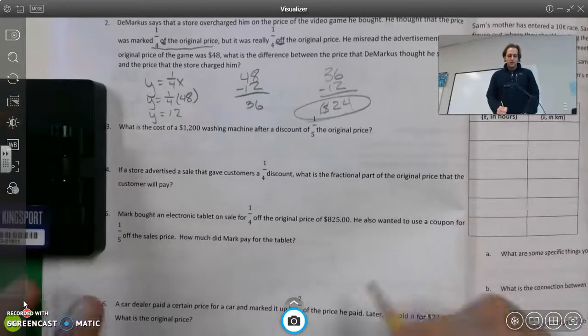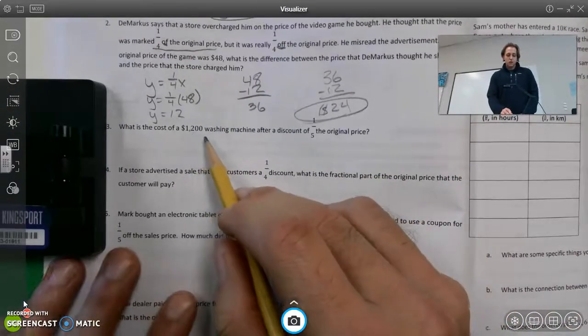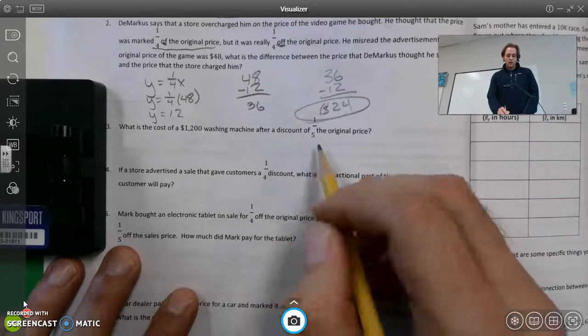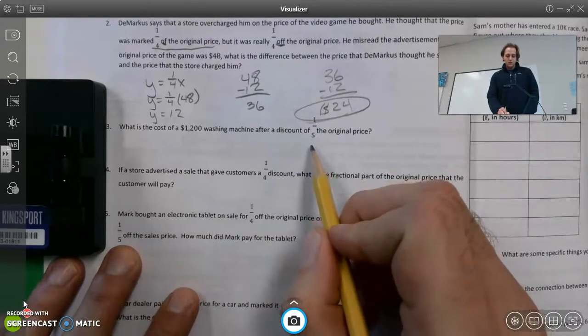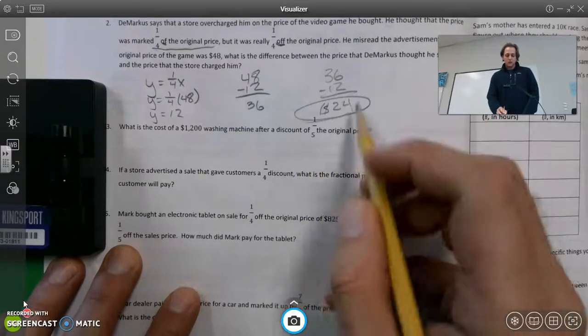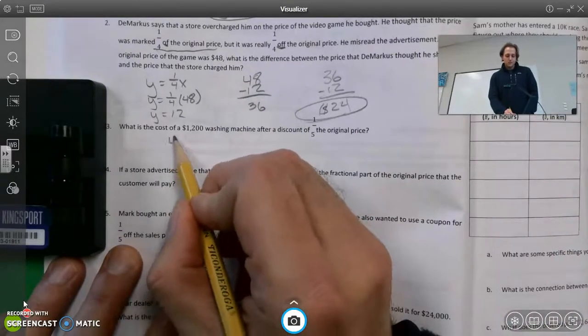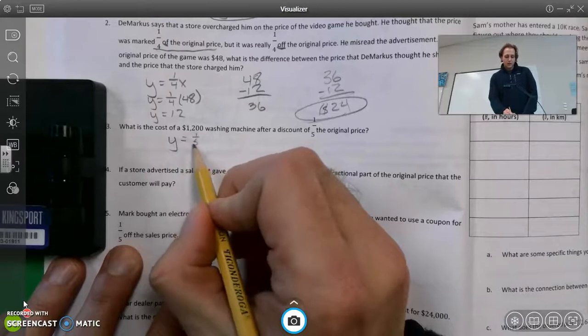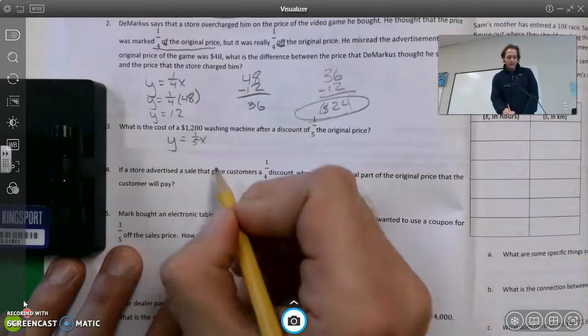All right. The cost of a $1,200 washing machine after a discount of 1/5 off the original price. Okay, Y is equal to 1/5 X. That's how we'll find our discount.